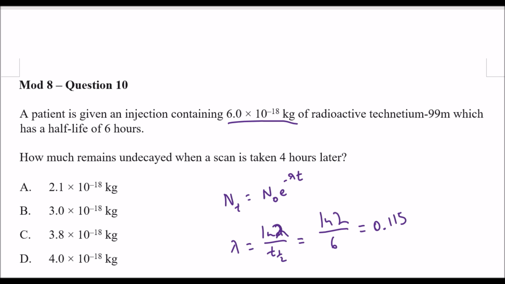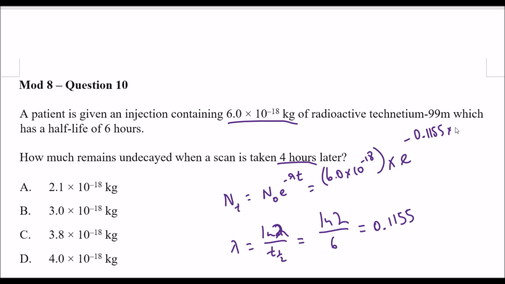So let's have a look. Okay, so we won't need to convert this into seconds because the time frame we're using is also in hours. So we can leave it as it is. N0 is the initial quantity that we had, and that's 0.6 times 10 to the minus 18 times the exponential e to the power of negative 0.1155, that's our decay constant that we found down below.